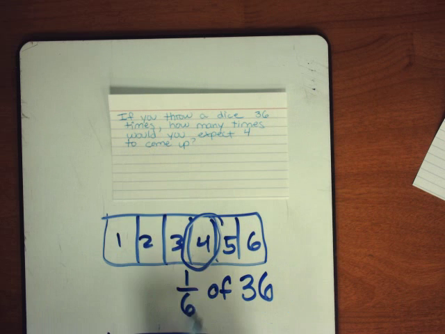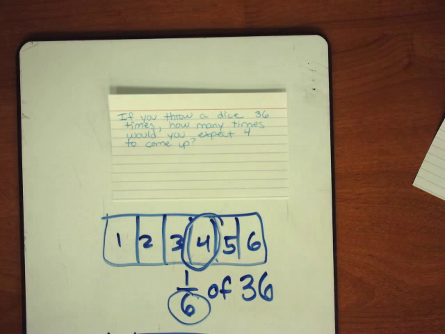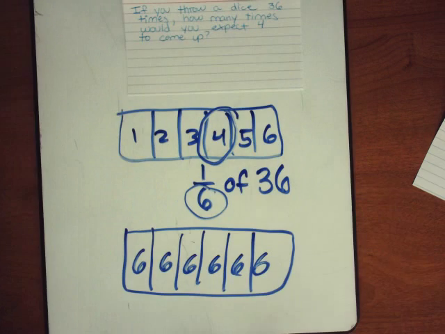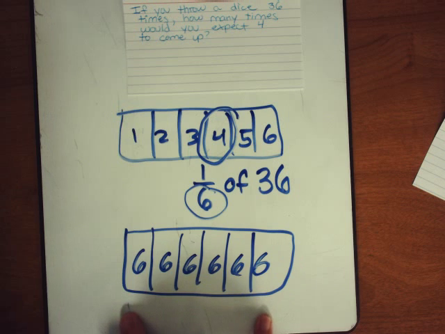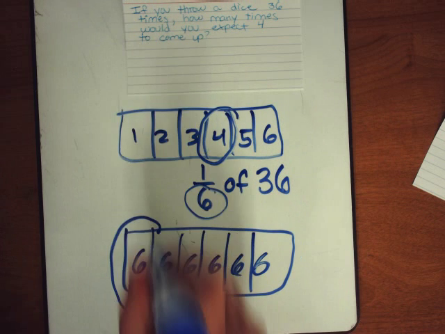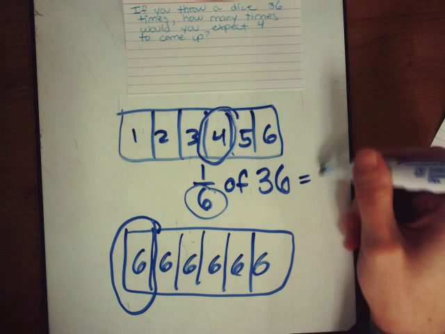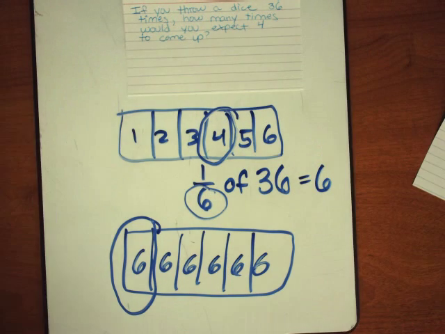Take my 36, divide it into 6 pieces. What is 36 divided by 6? Yes, 6, right? So we've got our whole, 36. So 1/6 then is how many, friends? 6. So 1/6. That's pretty easy on that one.